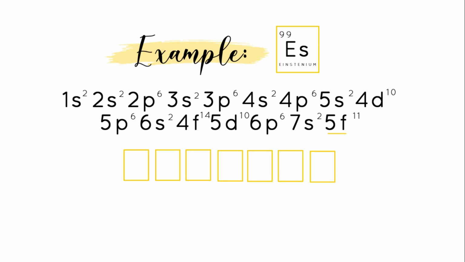Since our superscript is 11, 5f11, we need to draw a total of 11 arrows. Starting off with all arrows up: 1, 2, 3, 4, 5, 6, and 7. And then all arrows down: 8, 9, 10, 11. Okay, so this is the orbital diagram of the element Einsteinium.